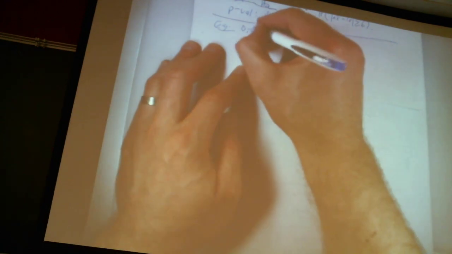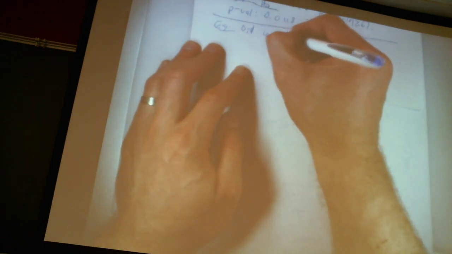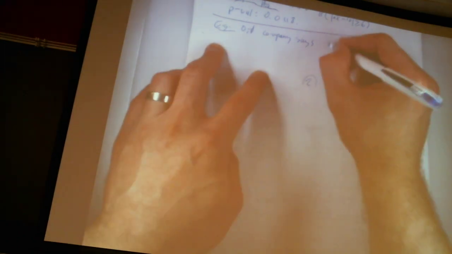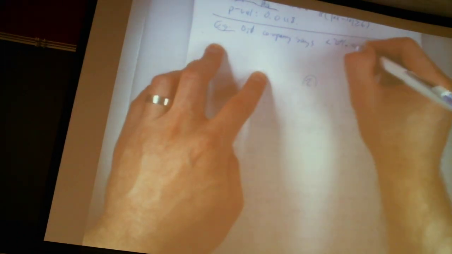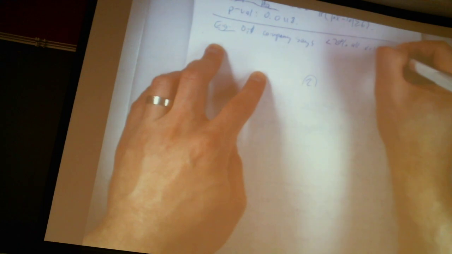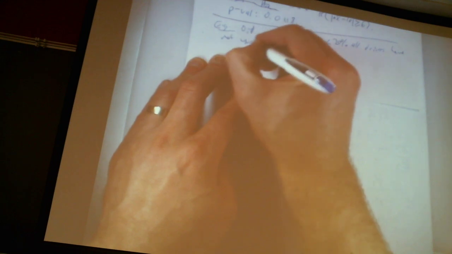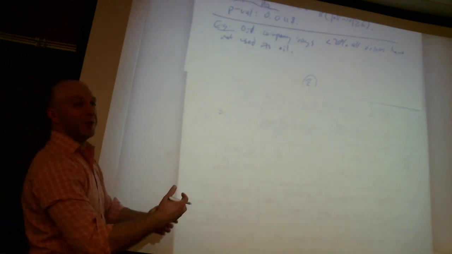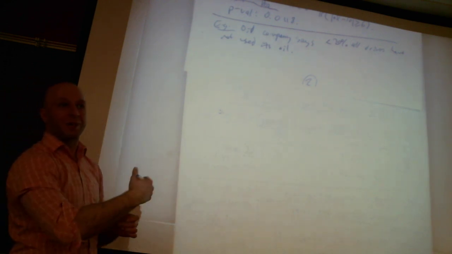Example. So I have an oil company. The oil company says that at most 20% of all drivers have not used its oil. In other words, it's saying a lot of people have used its oil, at least 80% of the population.